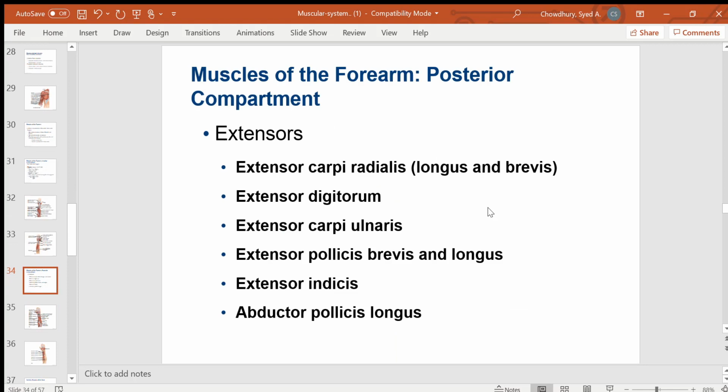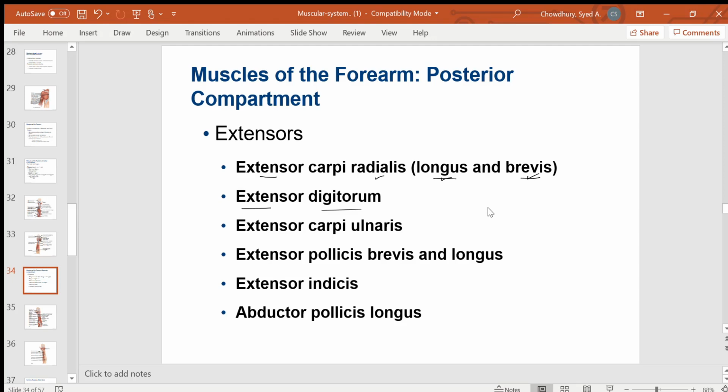In the back of the forearm you have the extensor muscles. Most of them start with extensor. Extensor carpi radialis is on the radial side, but in the back of the forearm, right? That's why extensor. There are two, longus and brevis. Longus is the long, brevis is the short.